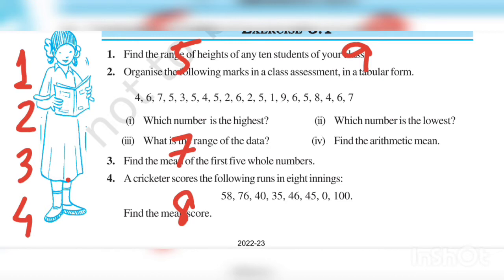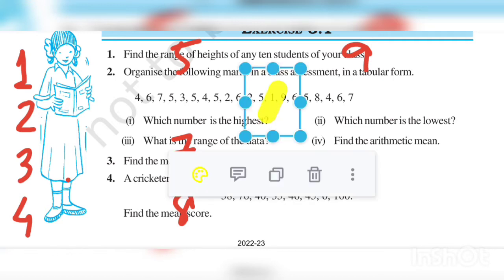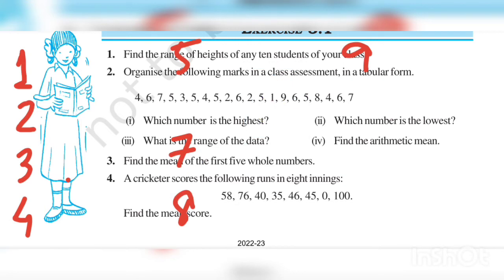Now let's count how many times 1 is occurring. Yes, it's coming only one time, and I cannot see any other 1 in this chart. So I will simply draw one tally mark here in the place of 1.